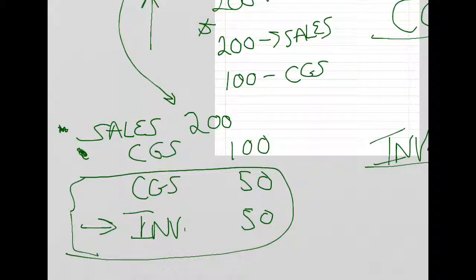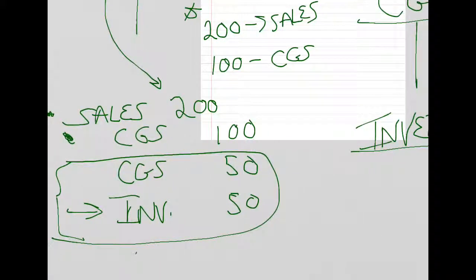In this case, it was 50% because they didn't sell 50% of the inventory. So it was a 50% factor that caused us to put 50% here and then 50% here. This amount represents what was sold. This is the amount that represents what was not sold.